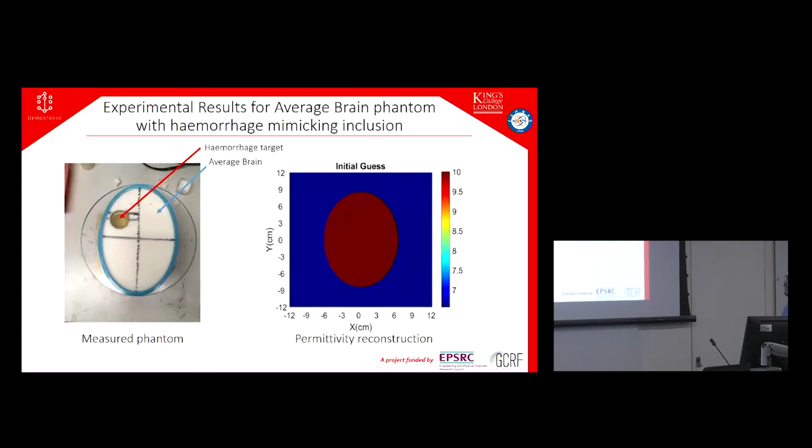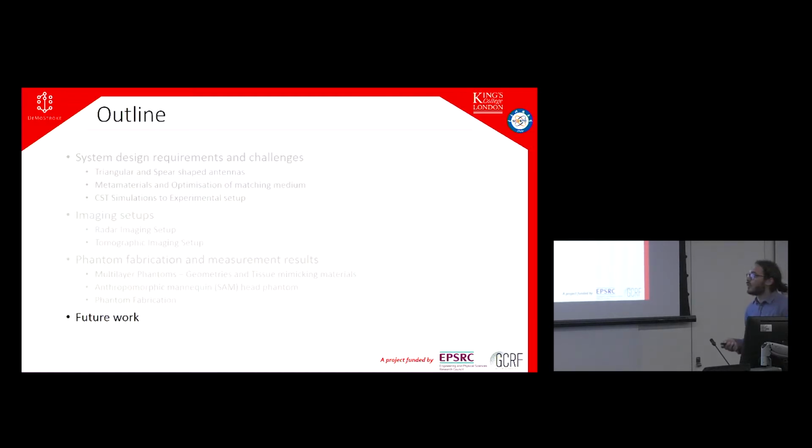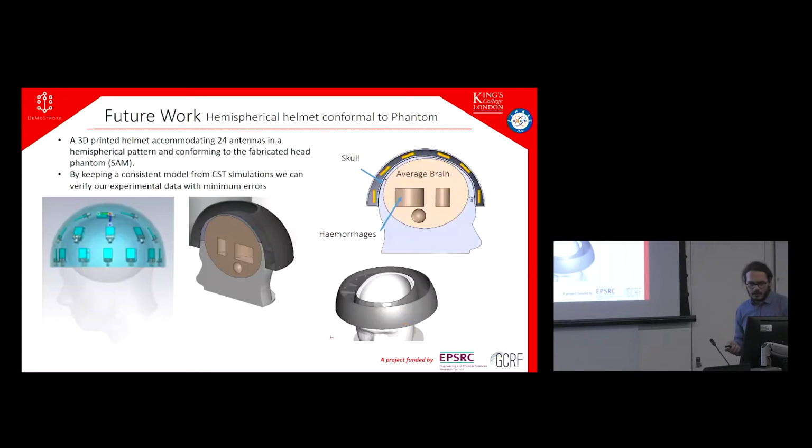So I'll go into next steps and some future work. So this is a CAD design still. It's the anthropomorphic SAM model provided to us from CST. It's a more complicated approach for us for now. However, we would like to validate a hemispherical helmet of 24 antennas in 3 layers.